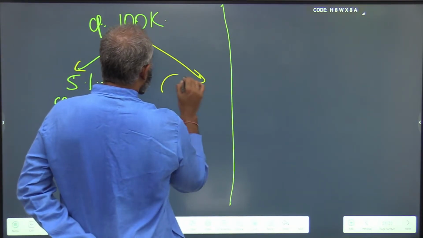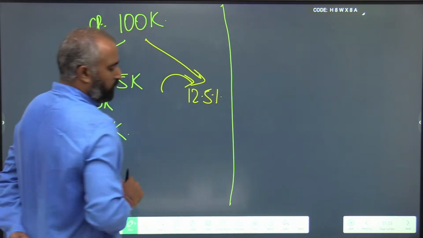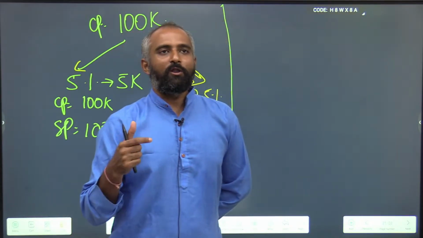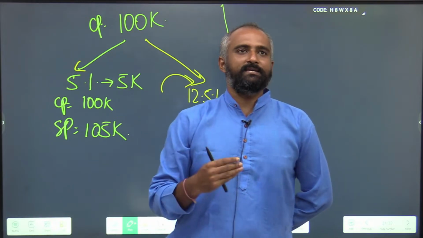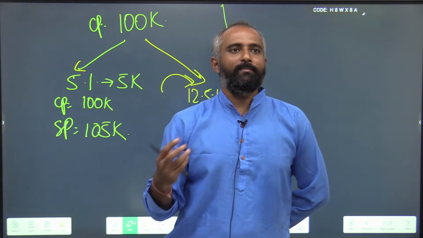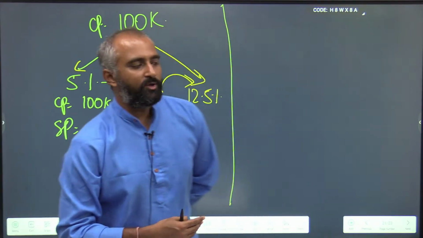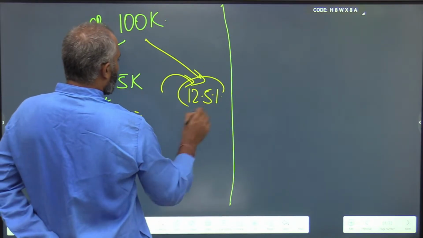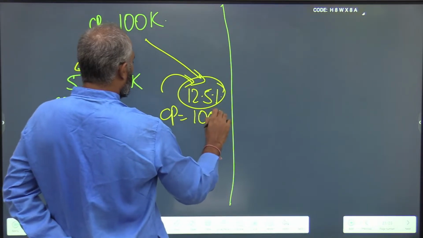Okay, 105k. Now in the second case, what has happened? This profit has increased to 12.5%. If you observe this approach, there is no logic being applied. I am just seeing the percentages and doing things mechanically, instead of thinking what this value represents. So at 12.5%, the CP remains the same, right? CP is equal to 100k.